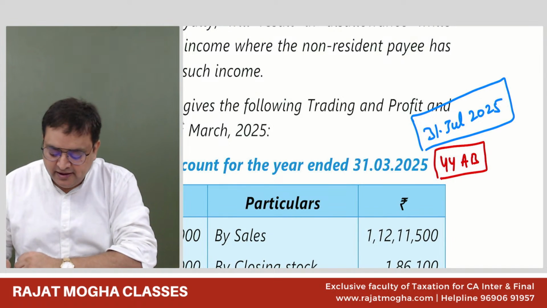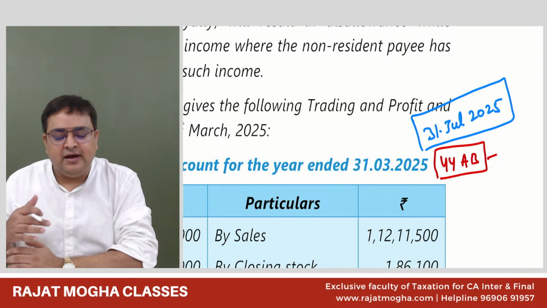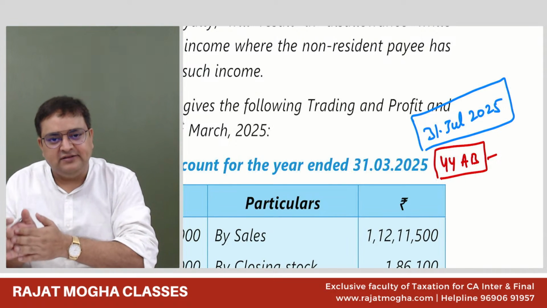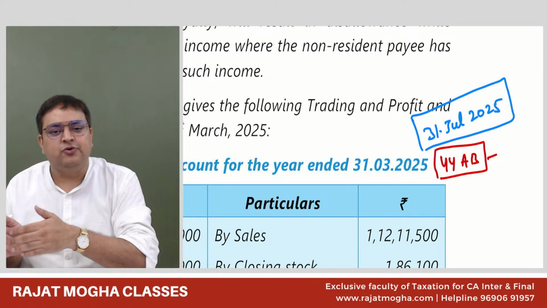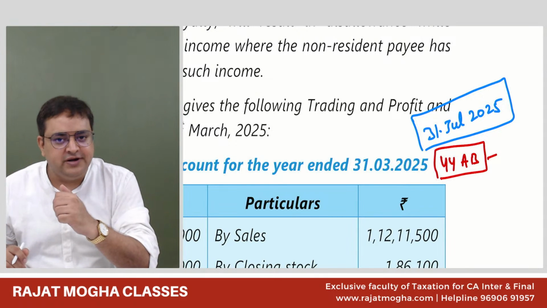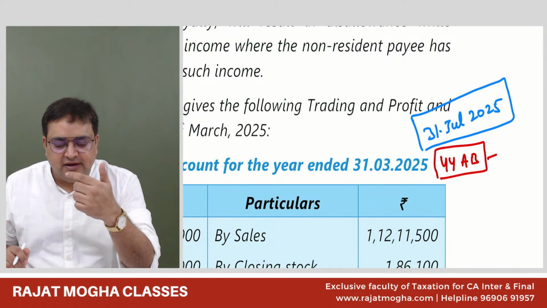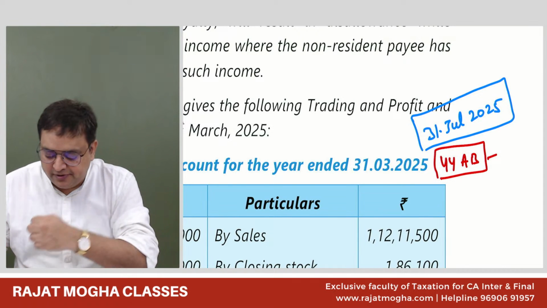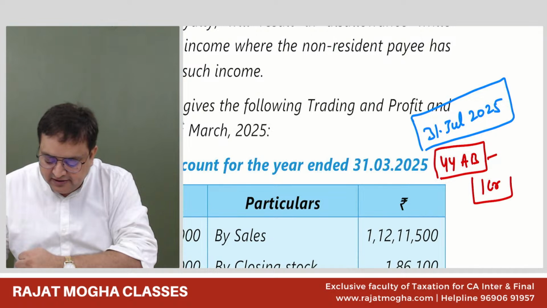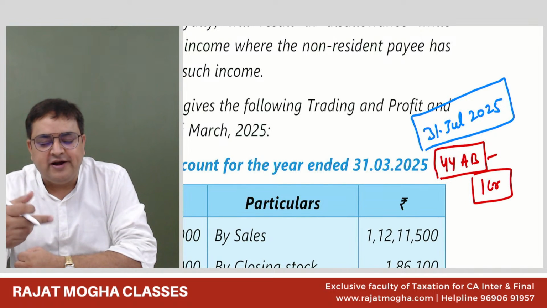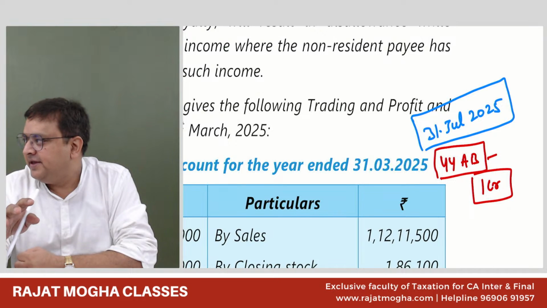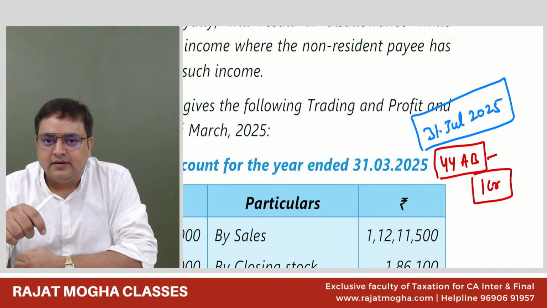What does it tell us? For a profession, if the turnover is more than 50 lakh, they are required to get their accounts audited. But for business, if the turnover is more than 1 crore, then you are required to get your accounts audited. Everybody okay with this?